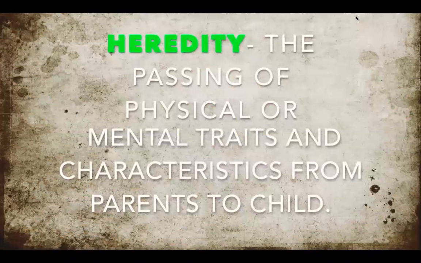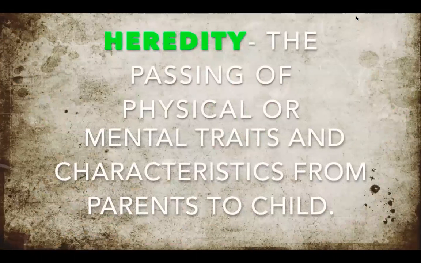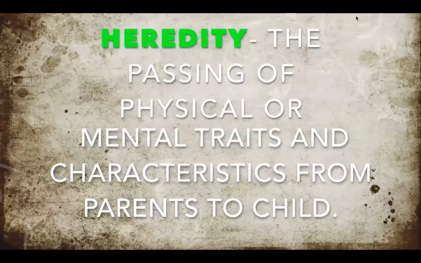Hello, welcome to the Science Kit. I'm your host, Quinn Friedman, and today's episode is on heredity. Heredity is the passing of physical or mental traits or characteristics from parents to child. Now, scientists know a lot about heredity, but it was not until the 19th century that one scientist actually figured it all out.